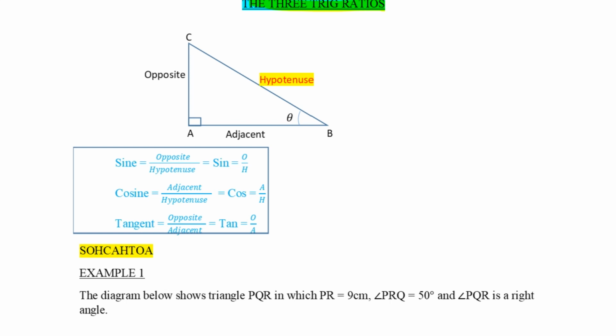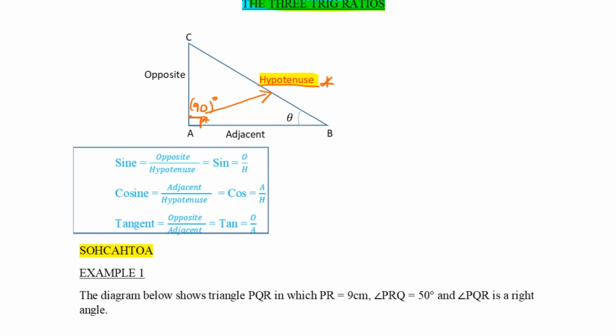One, we have the hypotenuse. This is the hypotenuse here. Now, what is so special about this hypotenuse? It is the one opposite to the 90 degrees angle. This angle here is 90 degrees. When you come across this, then we are saying it's 90 degrees.